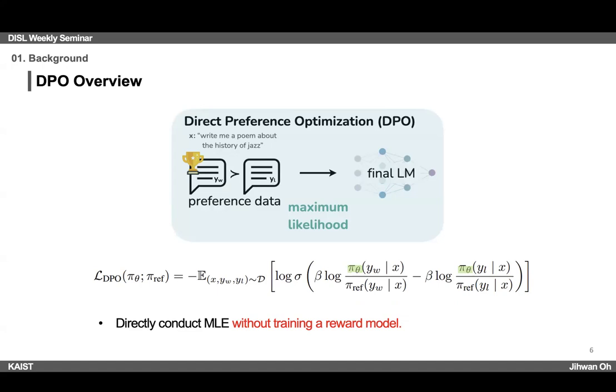While DPO essentially follows the same loss function under the Bradley-Terry model as in RLHF, DPO is a reward-free approach that aligns the SFT model directly with the preference data. This figure shows direct preference optimization. We can directly fine-tune the language model using preference data without a reward model.